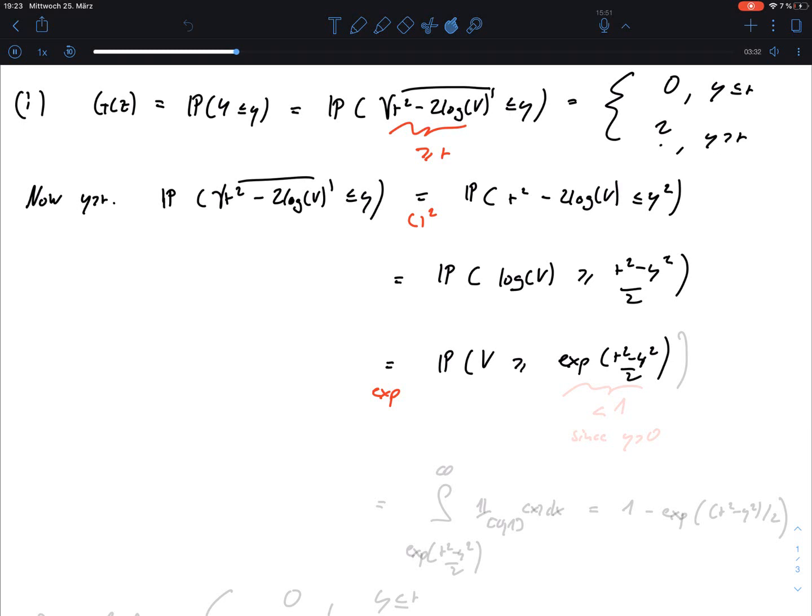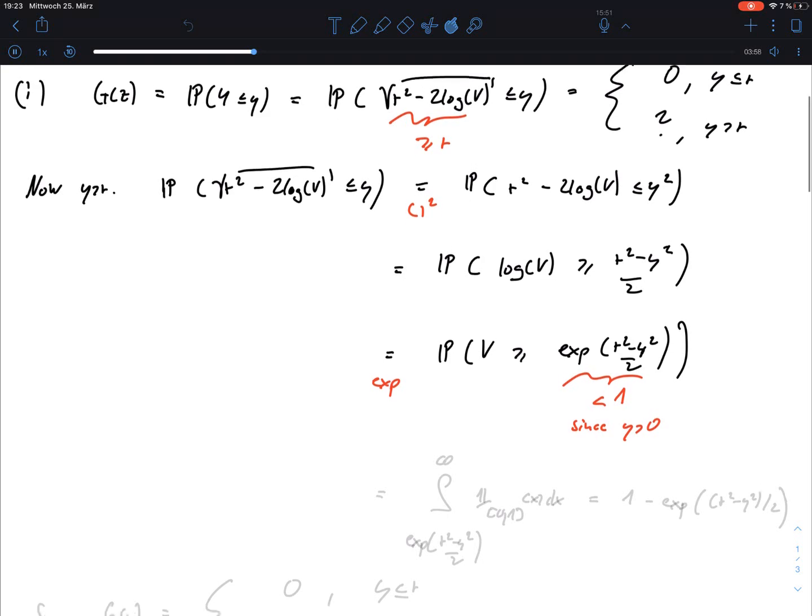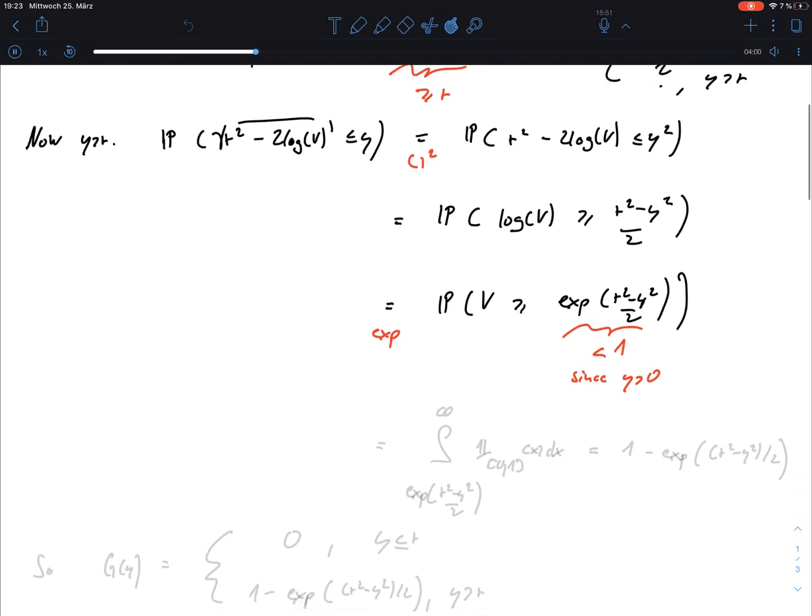First observation: this is less than 1, since y is positive. And we have the probability of a uniformly on 0, 1 distributed variable being greater or equal than something which is smaller than 1.